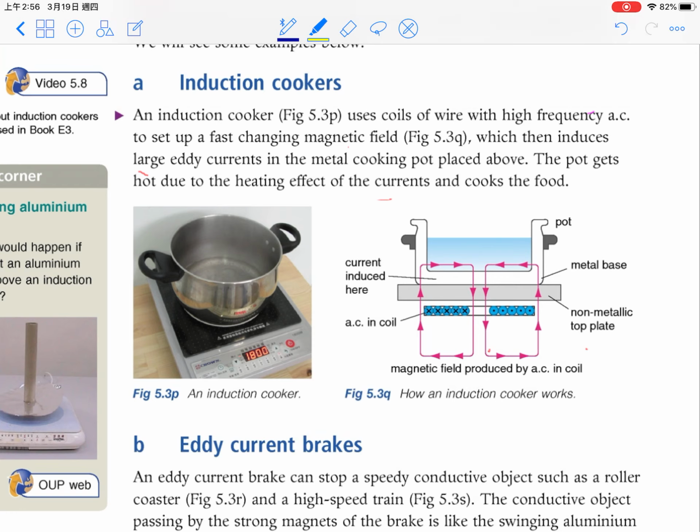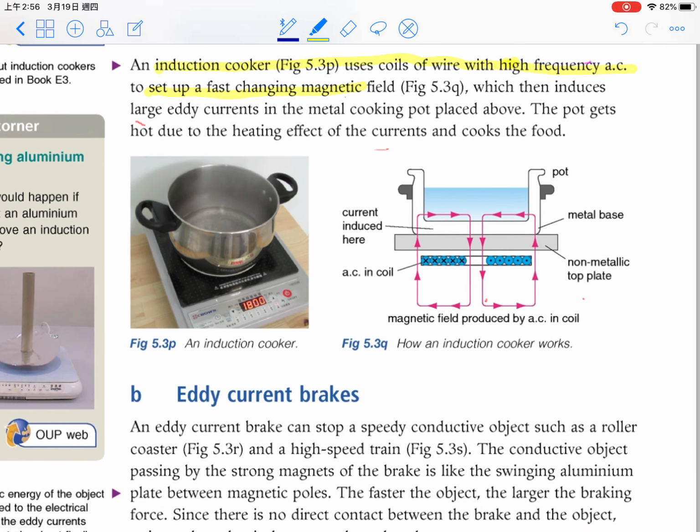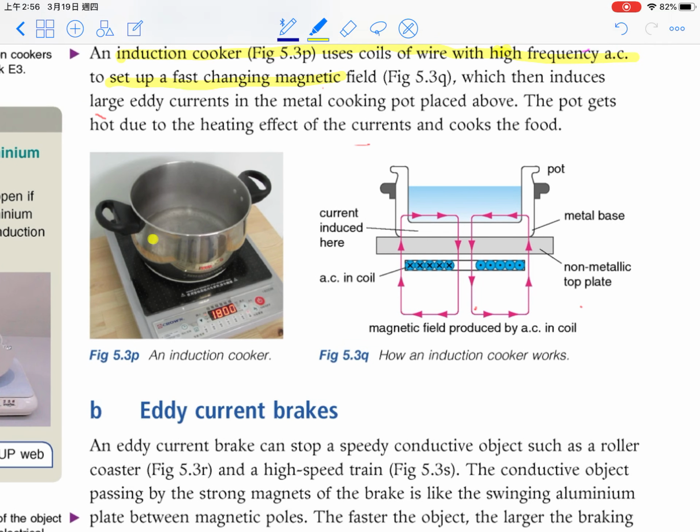For the induction cooker, it uses coils of wire with a high frequency AC. That means you can set up a very fast changing magnetic field. If we put metal cookware above the induction cooker, you would experience a large eddy current.